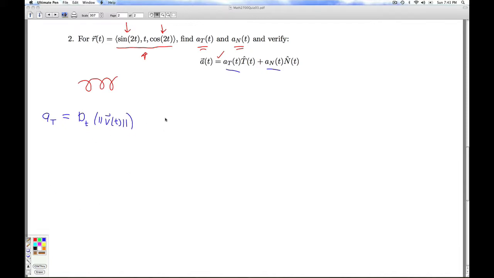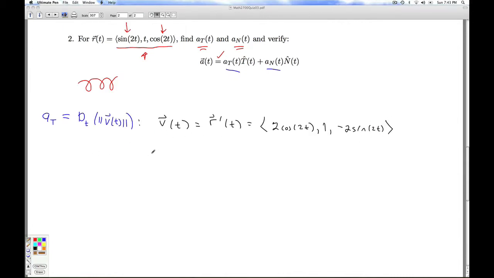So in order to get the speed, we first need to find the velocity. And as you recall, the velocity is the first derivative of the position function. And so we get the derivative of sine of 2t, 2 cosine 2t. The derivative of t is 1. The derivative of cosine of 2t is negative 2 sine of 2t.